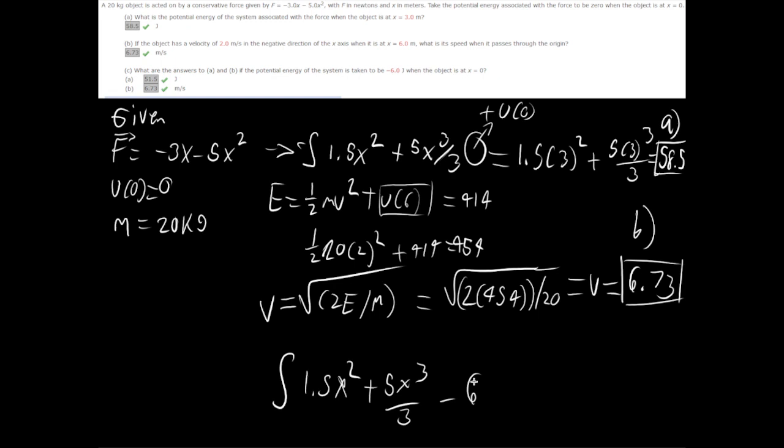Yeah, it definitely says -6. So for A, 1.5 times 3 squared plus 5 times 3 to the third over 3 minus 6.